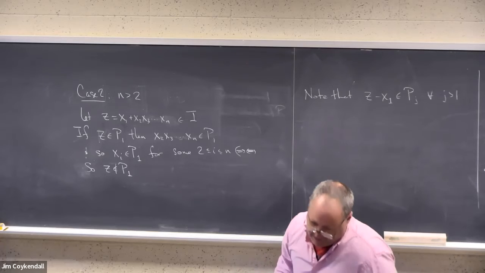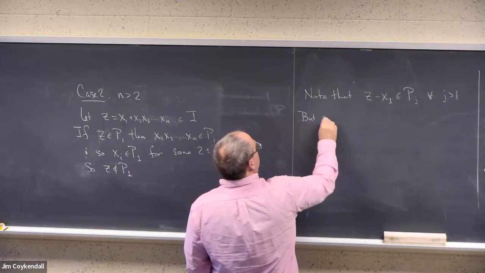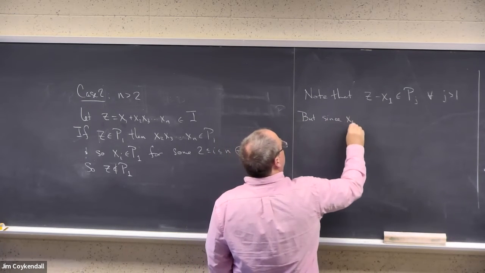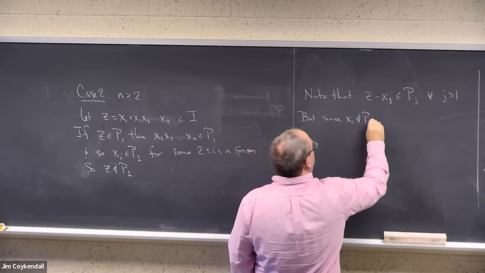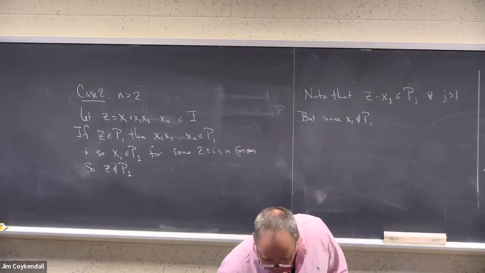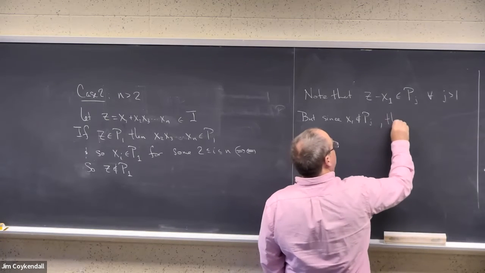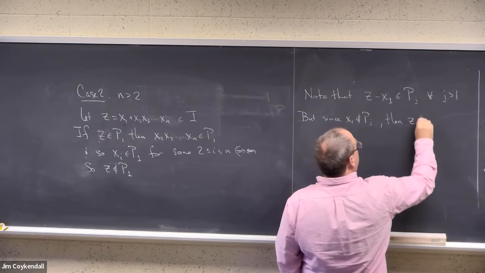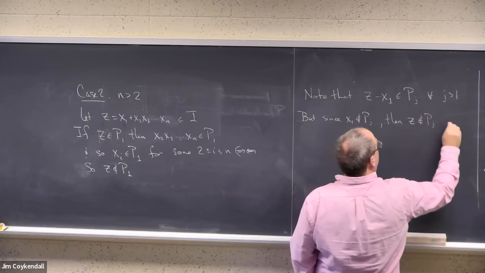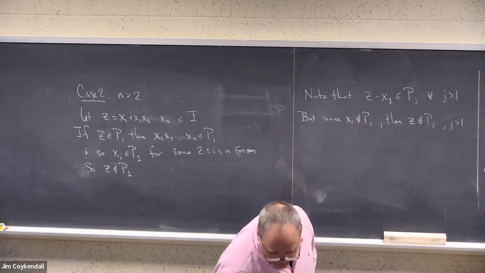But since x1 is not in Pj for any of these j's, then z cannot be either.